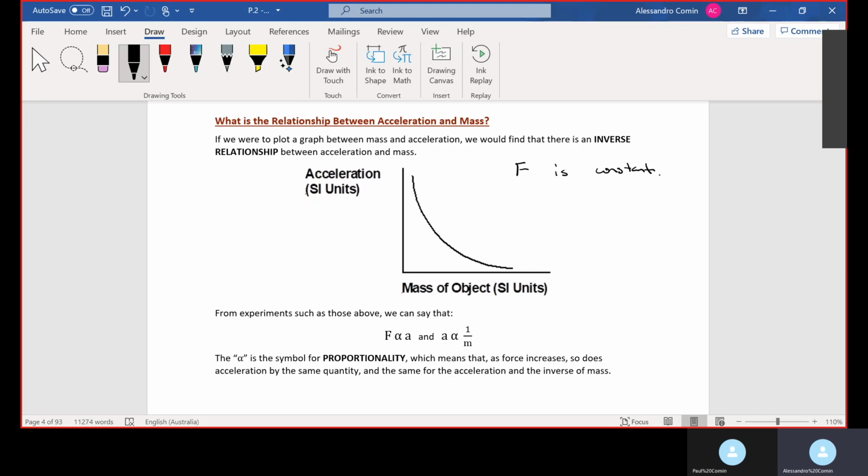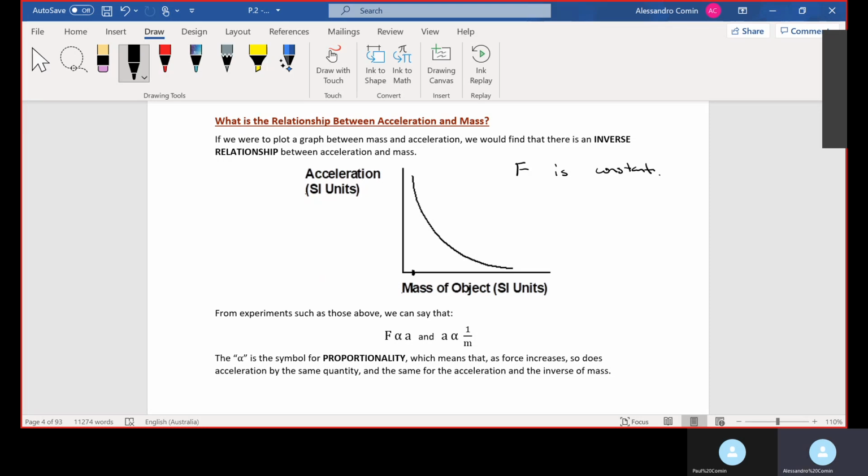Now a ping pong ball doesn't have a lot of mass. And we can visualize that when I flick a ping pong ball, it's going to fly off very quickly. So that would be about here. Low mass, high acceleration. And the converse would also happen. So let's say I was trying to flick a chair on wheels.